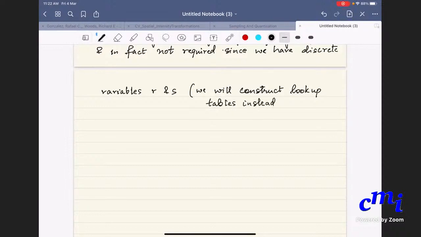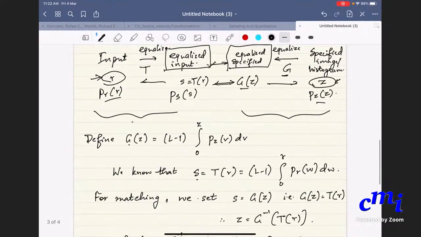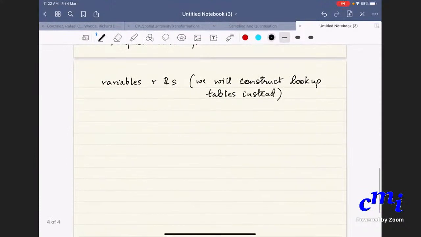There are only finitely many discrete values to be considered. All right, so this was the continuous formulation. Let's look at the discrete formulation.